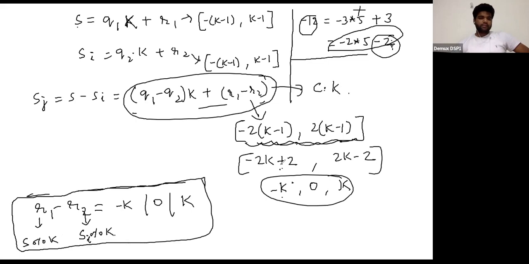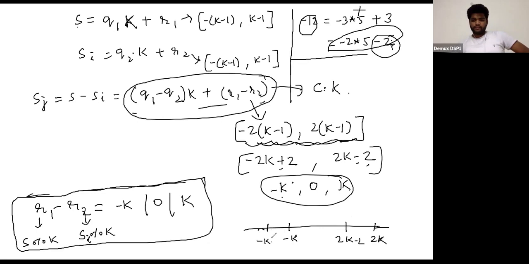Can it be minus 2k, Shravan? This is till 2k minus 2. Draw the number line. This is 2k minus 2. 2k is greater than 2k minus 2. This is minus k. This is minus k minus 1.